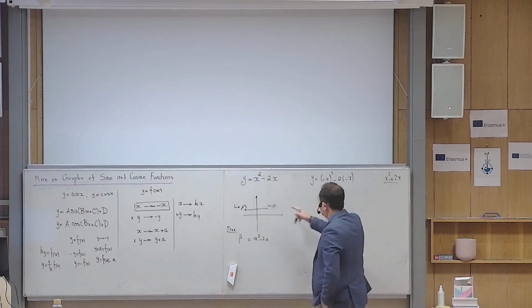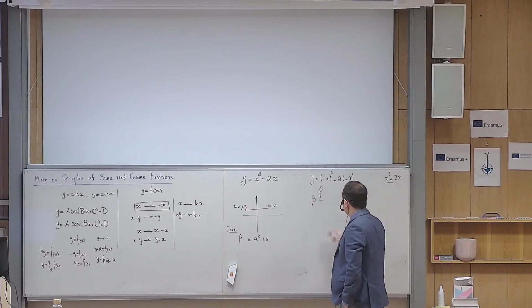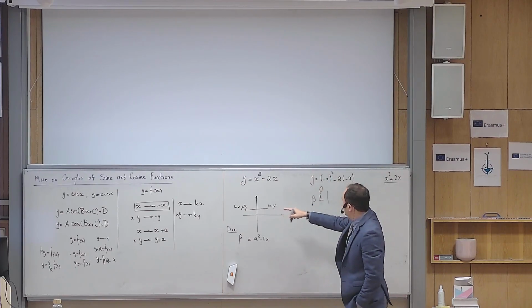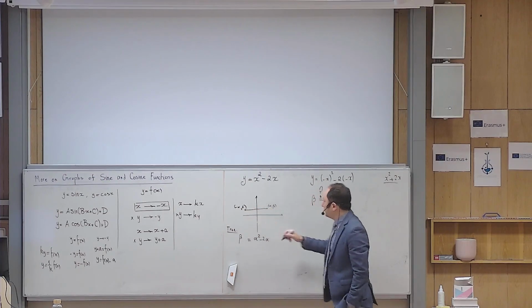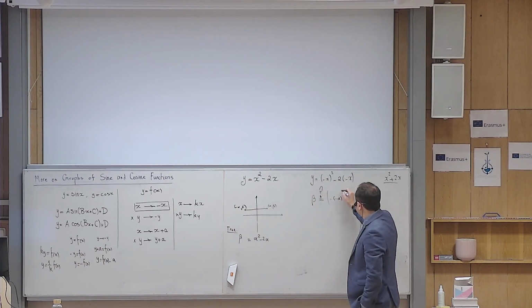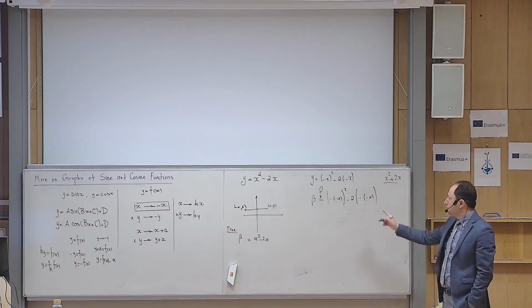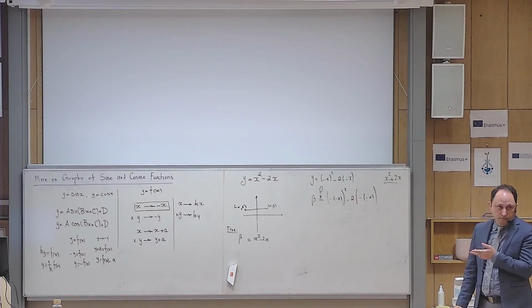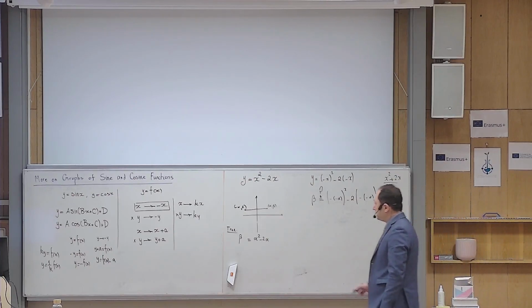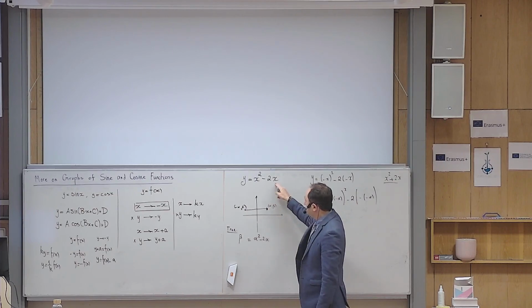I replace y with the y coordinate. I ask myself, is it true that beta equals, now replace x with the x coordinate? There is a minus sign in the x coordinate of my point: minus alpha to the power of 2, minus 2 times minus alpha. Is that right? I need to see if this is true or false. Is that clear? I give you myself that this point is on this graph.